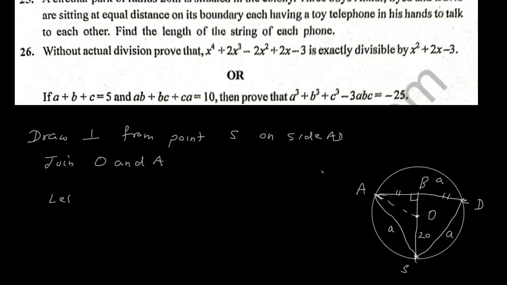Let us consider that AS is equal to SD is equal to AD is equal to A, and AB equal to BD will be equal to half of AD, which is half of A.